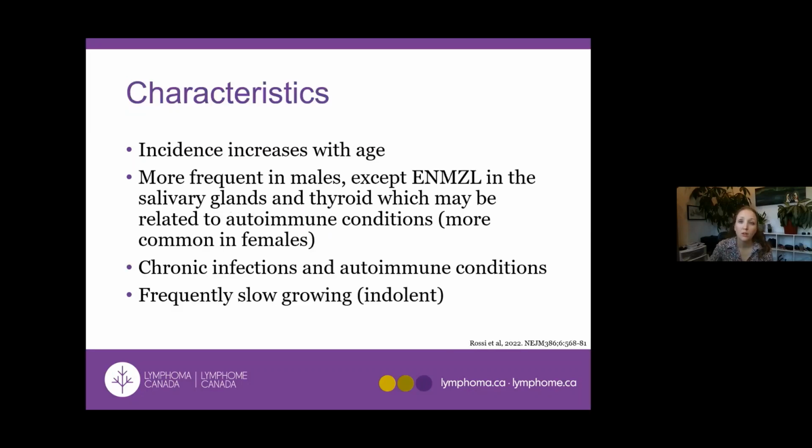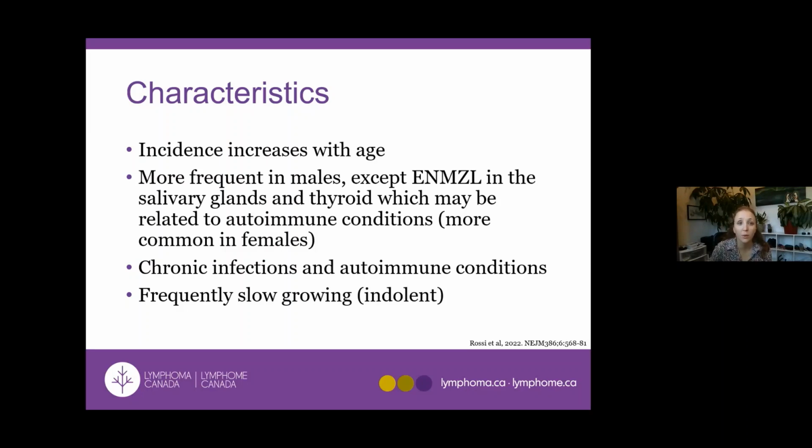In marginal zone lymphoma, as with most lymphomas, the incidence increases with age. This is more commonly seen in men, except for certain types of extranodal, which can occur in the salivary glands or the thyroid, because that's related to autoimmune conditions more commonly seen in women, like Sjogren's syndrome, where people have dry eyes and dry mouth, and Hashimoto's thyroiditis.